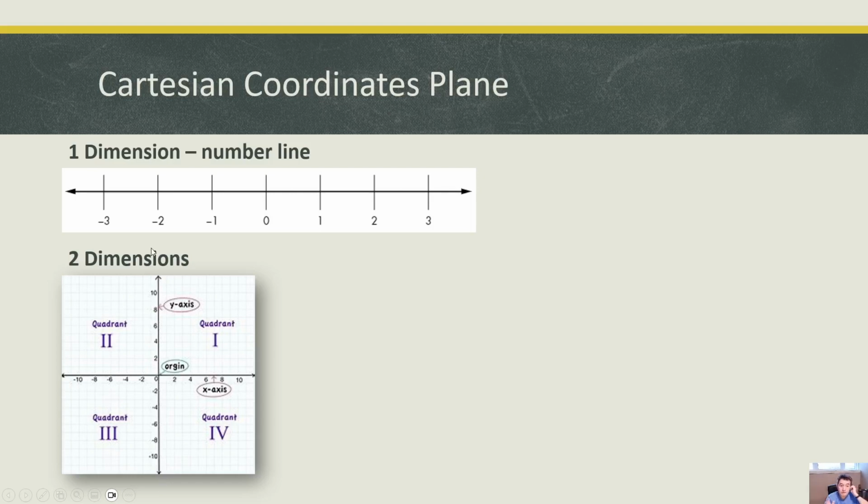Based on this, you have these 4 parts defined. Quadrant 1 is where both x and y are in the positive area, and quadrant 2 is where x is negative and y is positive.